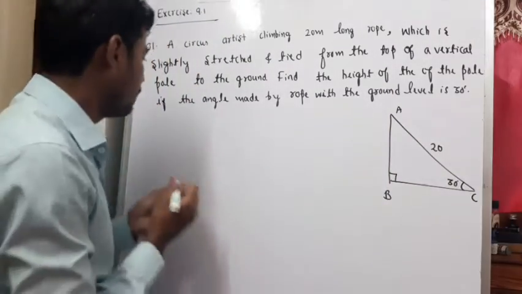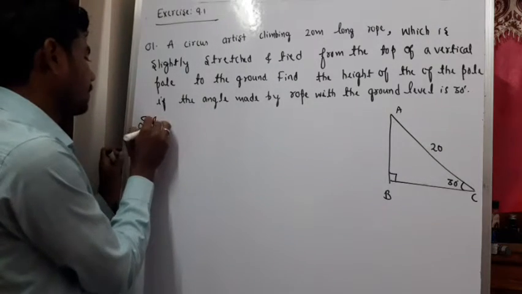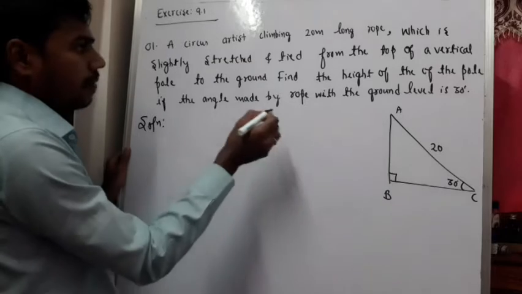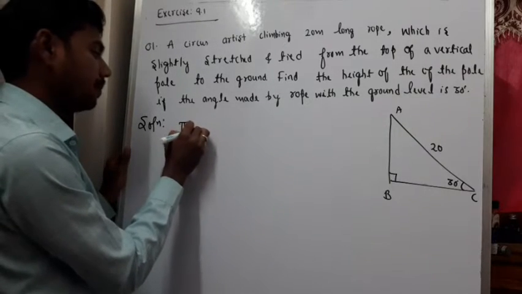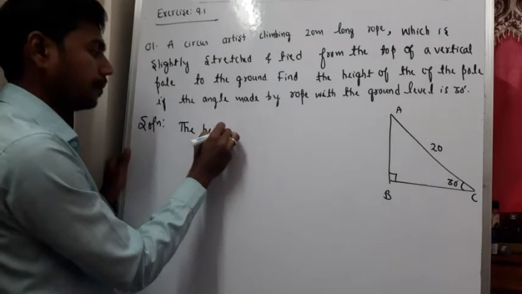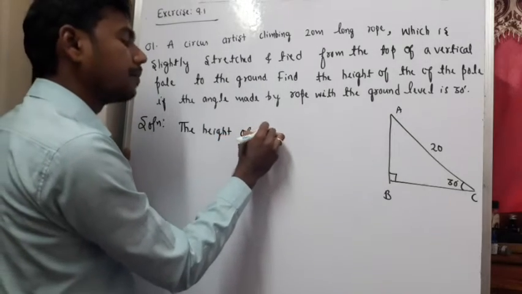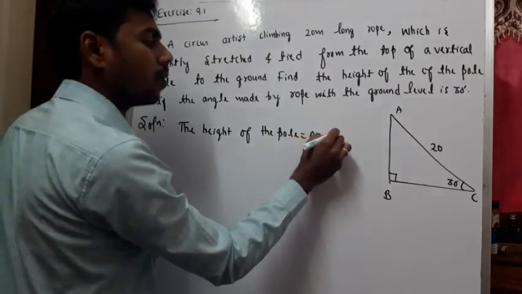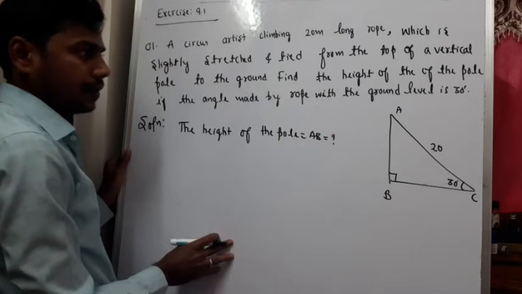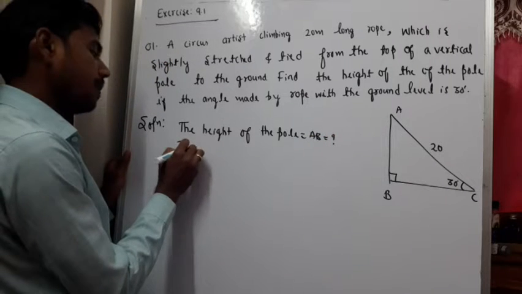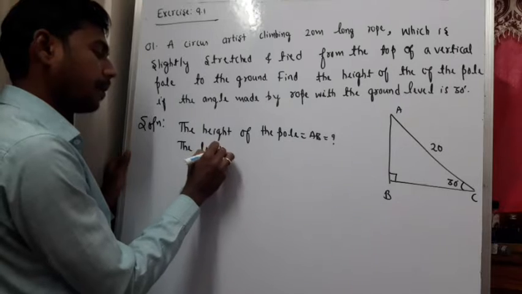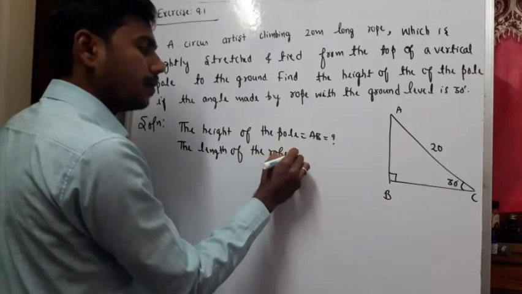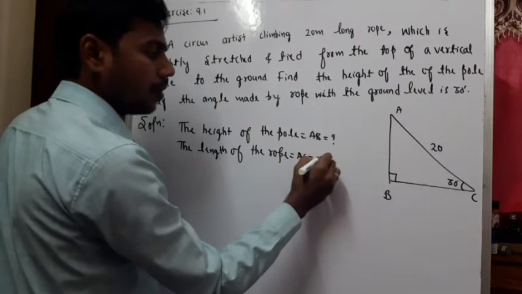So look at the board. The height of the pole is equal to AB, which we need to find. The length of the rope is given, which is equal to AC, which is equal to 20 meter.